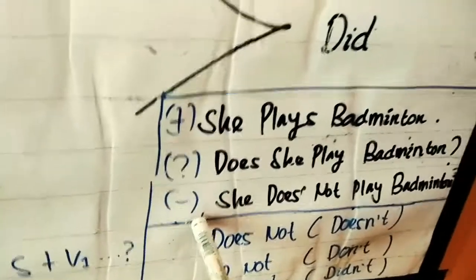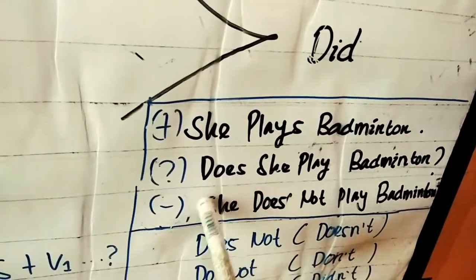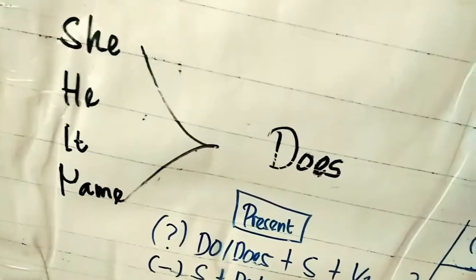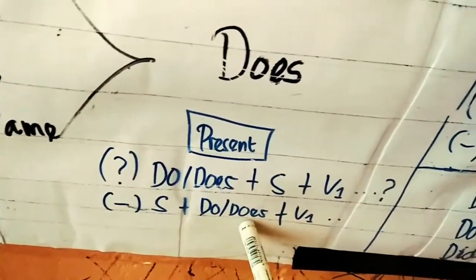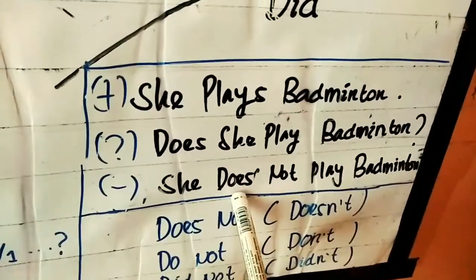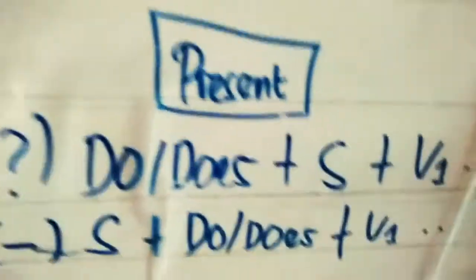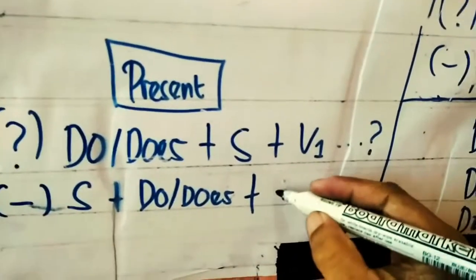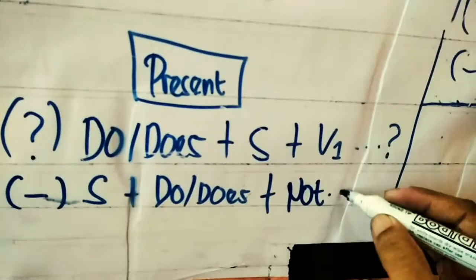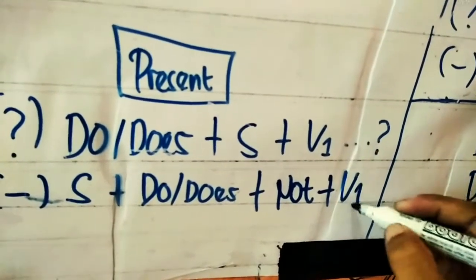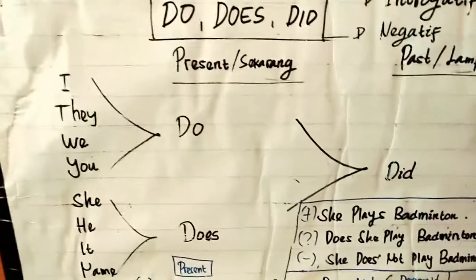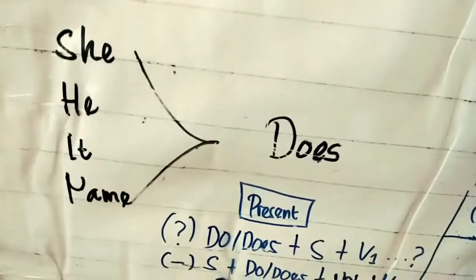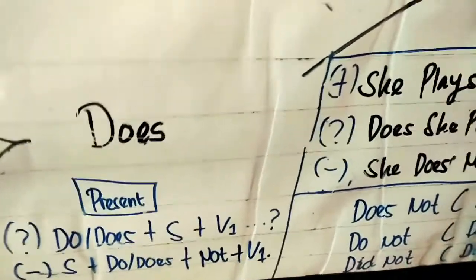How about negative? For negative, we put the subject in front of does, like the pattern here. Oh, I'm sorry, it's wrong, so we have to change it. Negative: subject, do or does, plus not, plus verb 1.